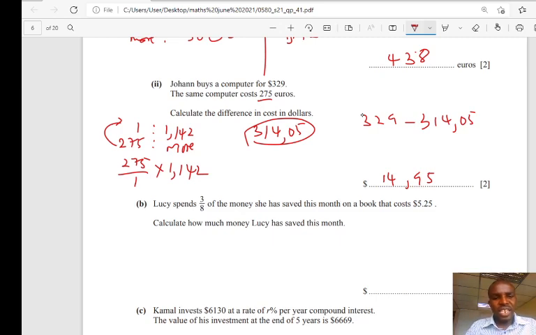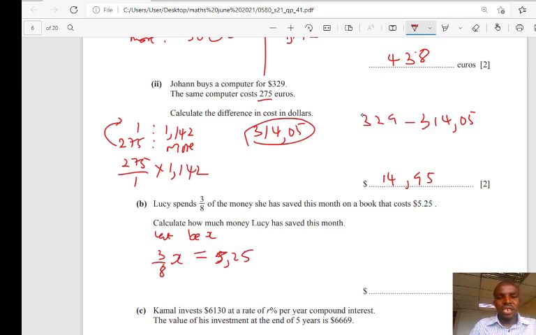Take note, we have to let the money that she has saved be X, because it's not known, it's an unknown. So she spends 3/8 of X, the money saved, on a book which costs 5.25. Which means 3/8 of X is 5.25.